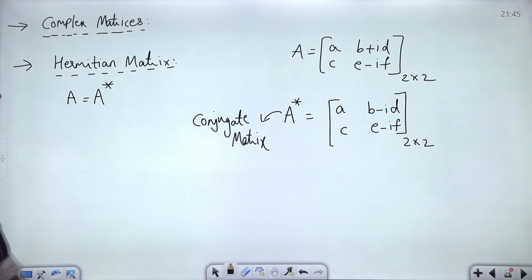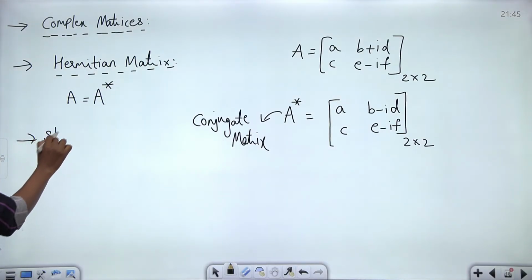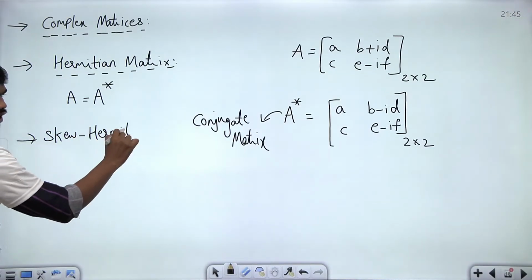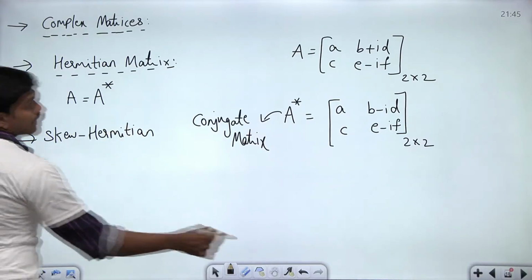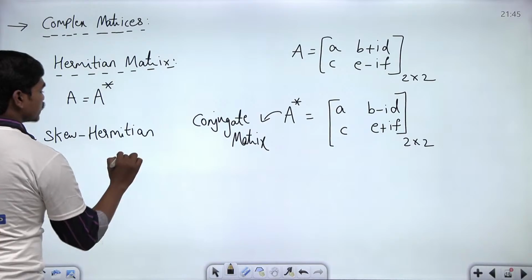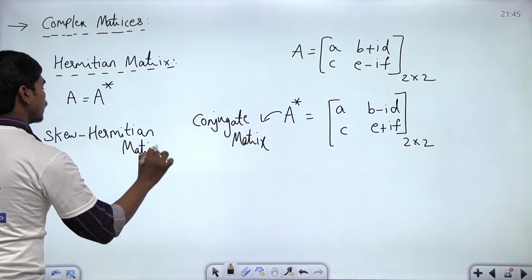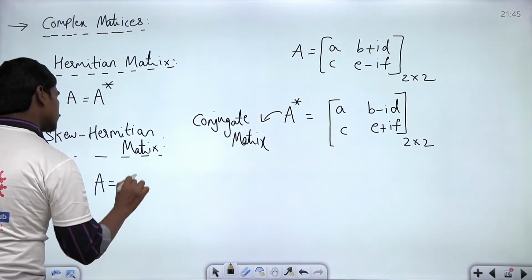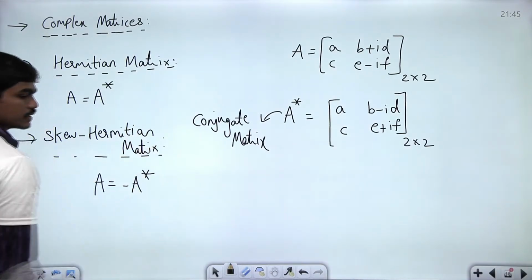Now if you talk about skew Hermitian, this is plus, correct. Thank you. If you want to talk about a skew Hermitian matrix, then we have A is equal to minus A star. Things are similar.